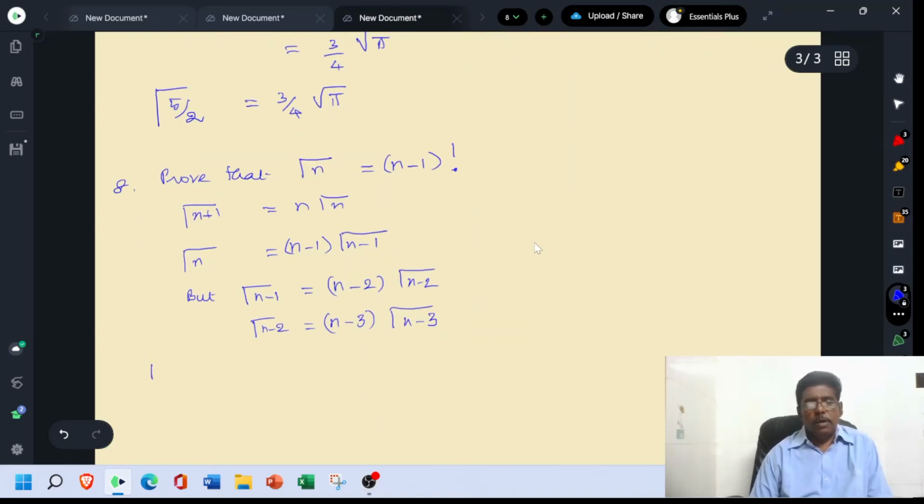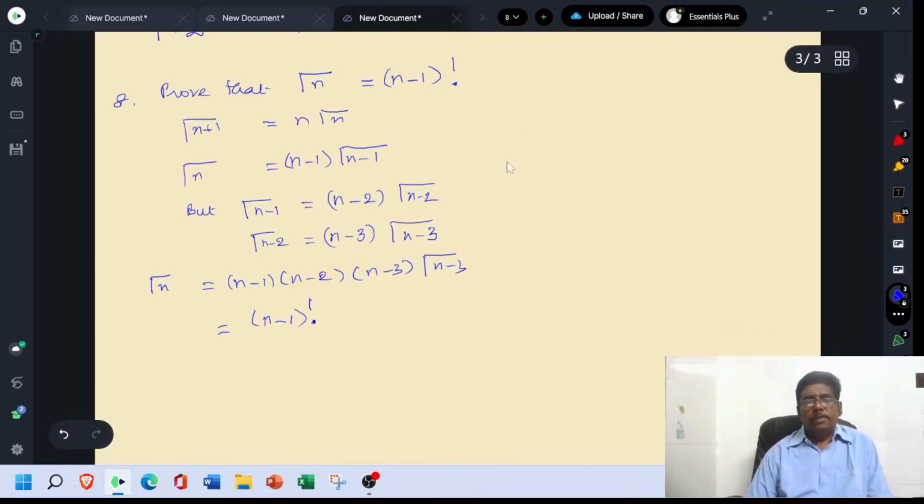Therefore, gamma of n is equal to n minus 1 into n minus 2 into n minus 3 into gamma of n minus 3. This series is going on, and then it ends with n minus 1 factorial.